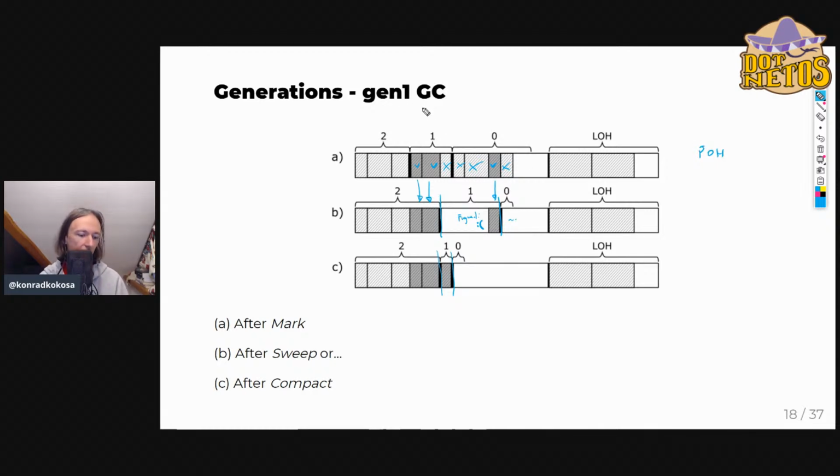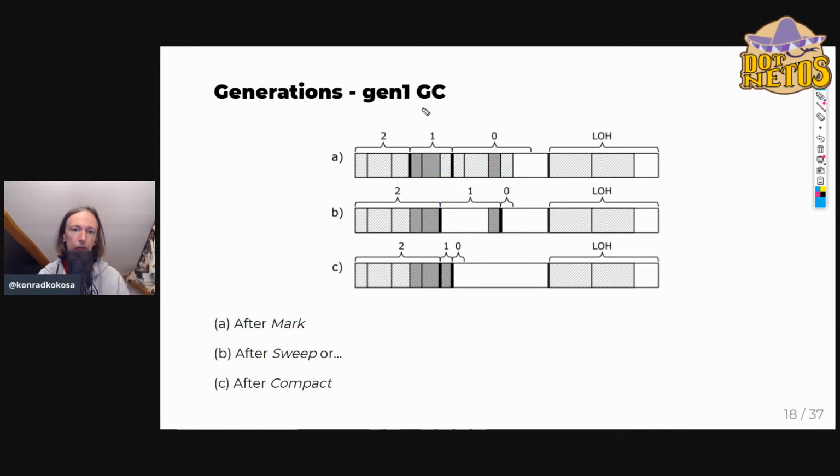This is a little more work to do, like twice more, but it really depends. We know Gen 1 is typically not so big, so the difference in performance between Gen 0 and Gen 1 is not so big, because they are pretty similar in what they have to do.